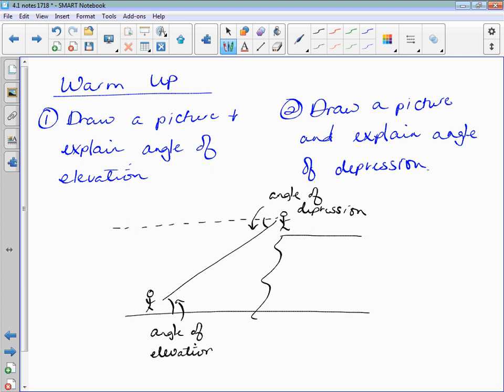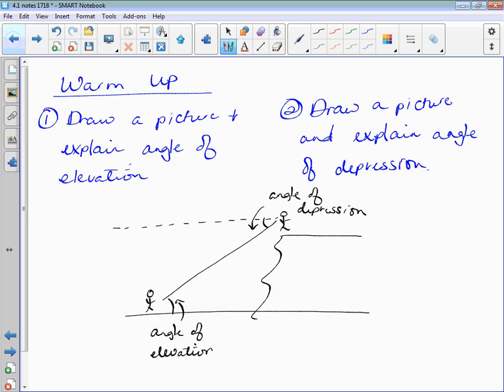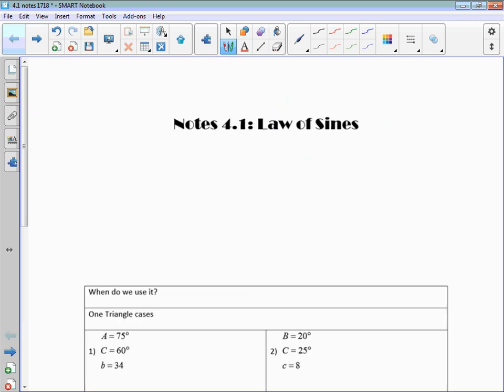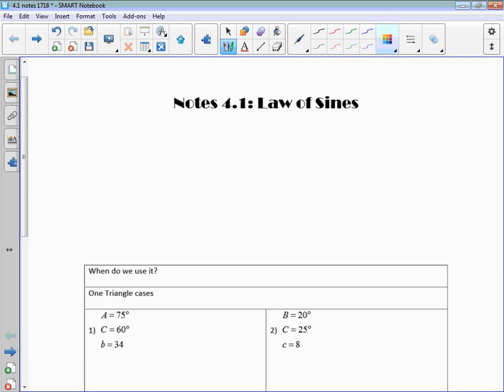So let's jump to the notes. They are in your packet for 4.1. Alright guys, so 4.1, we are doing just day 1 for the law of sines.